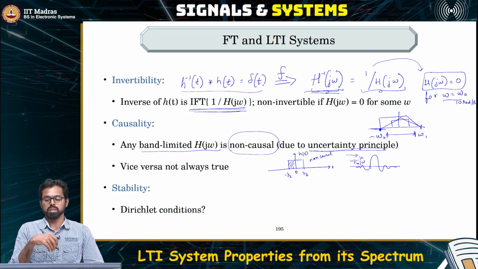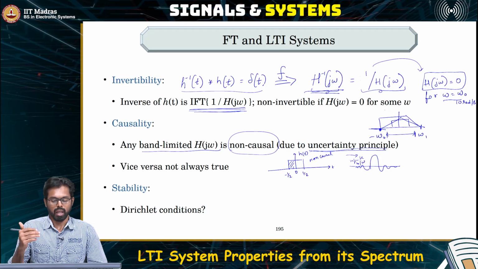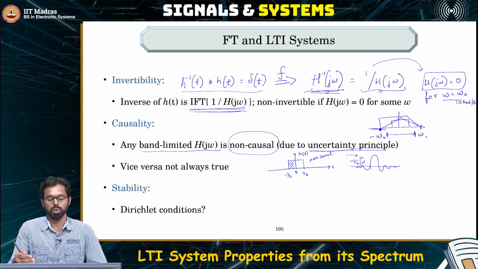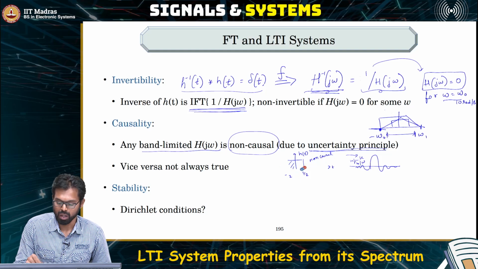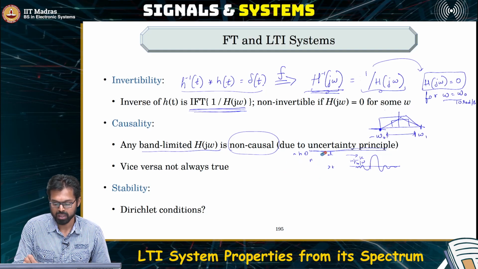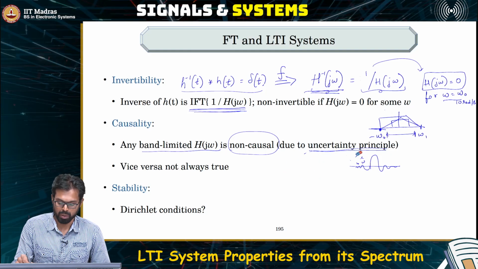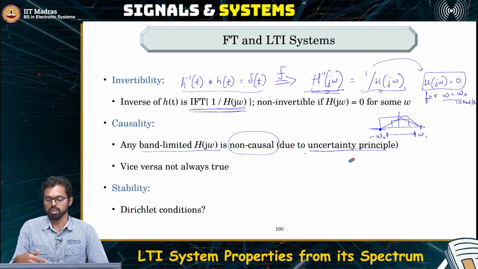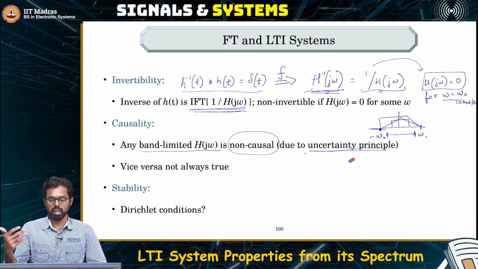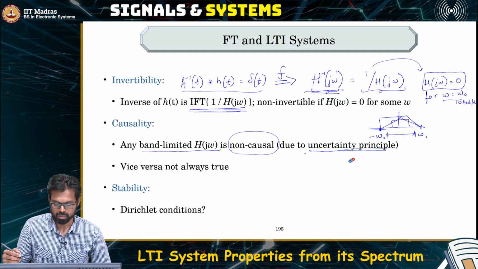So it is not necessary that any non-causal impulse response should have a band limited spectrum. But any band limited spectrum will always have a non-causal impulse response. The other way around is not true. So this is all we can comment about causality. Otherwise we cannot really comment about causality just by looking at the spectrum.